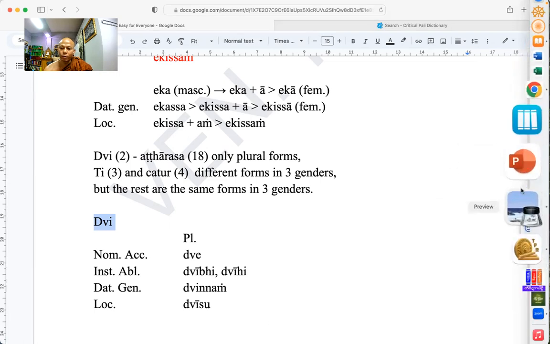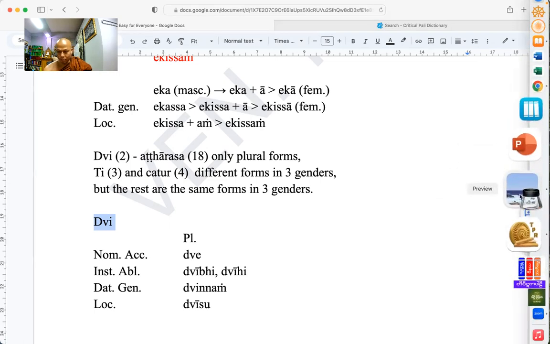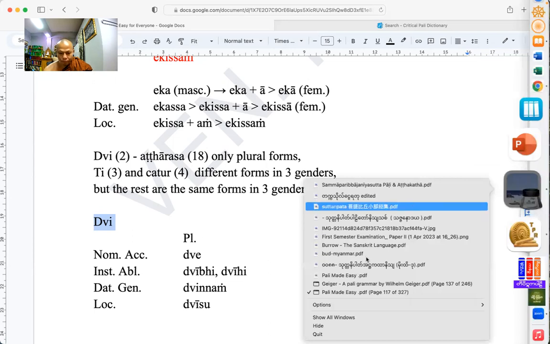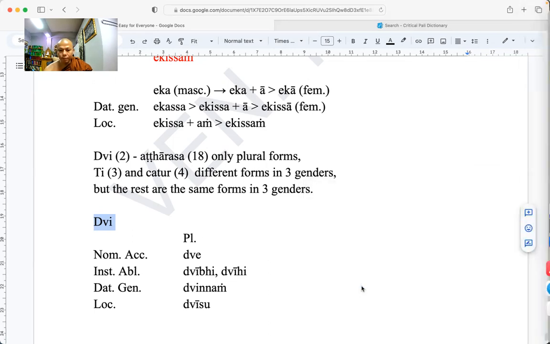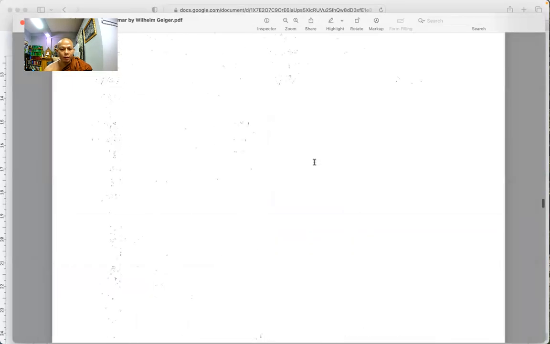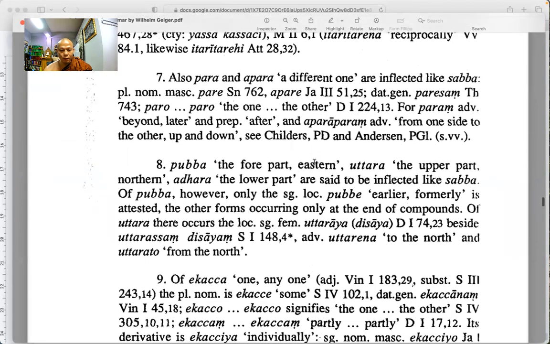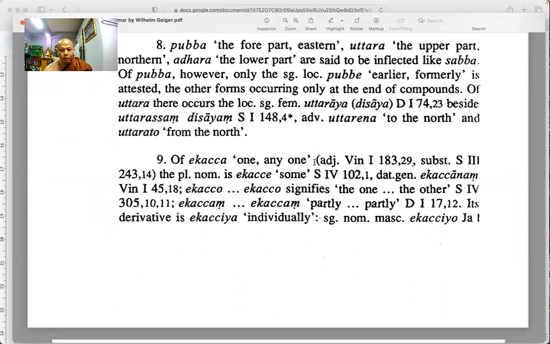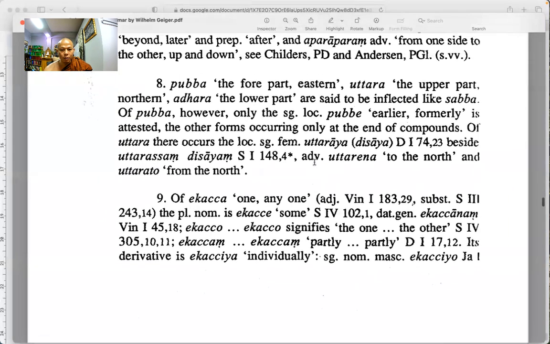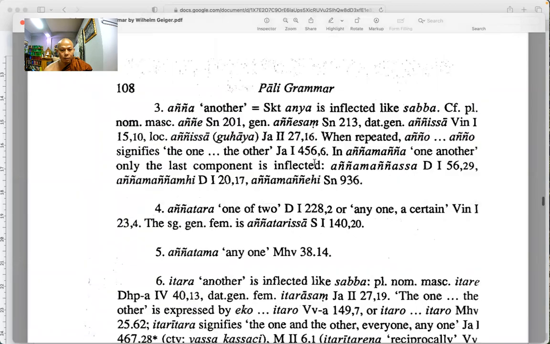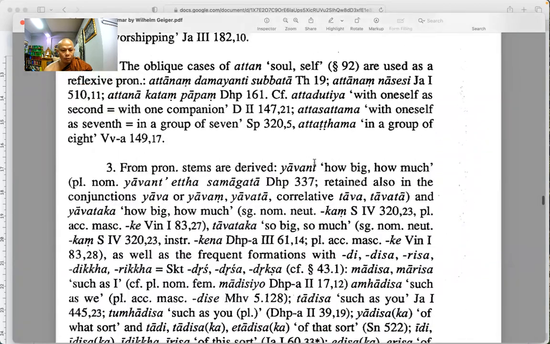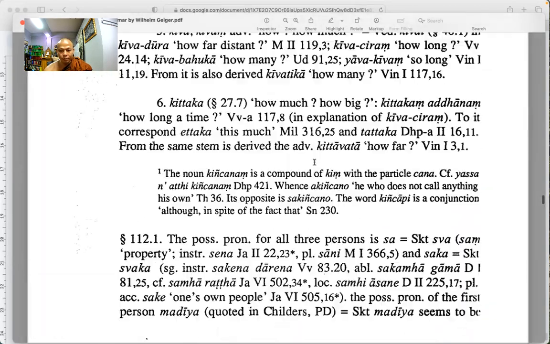For the information, maybe in that book, they list out those pronouns.